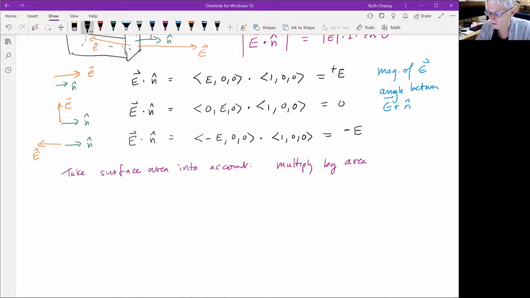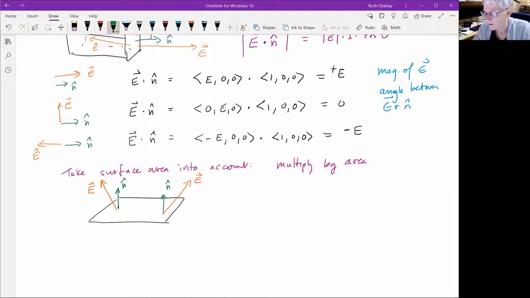Now, we have to be a little careful when we're doing that, because suppose we have a piece of a surface here, and at this location we have an electric field going this way, but at this location we've got an electric field going this way. Now, n hat is still the same in both cases, but we're going to get a different E dot n hat.